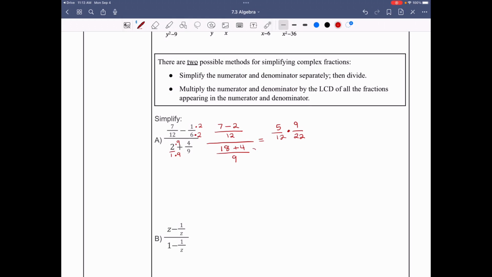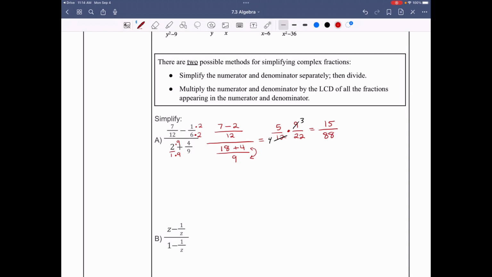Okay, so this one we flipped it. Now before I multiply, I'm going to cross cancel because 9 is divisible by 3 and 12 is divisible by 3. Then we multiply. 5 times 3 is 15. 4 times 22 is 88.